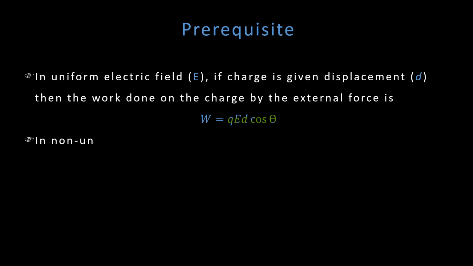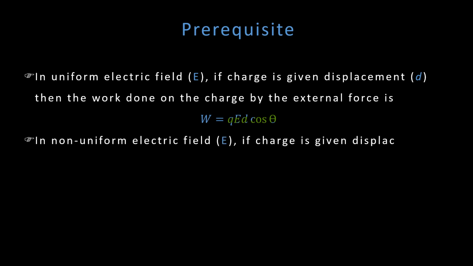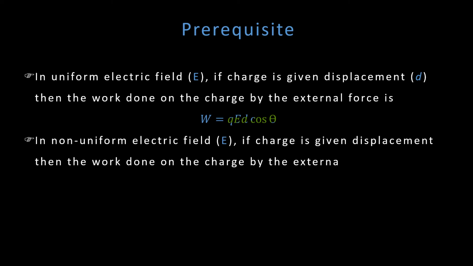Then if we have a non-uniform electric field and we are moving any charge, then work done can be given as the integration of electric field over displacement from infinity to P with q outside, and this is how we can find the work done to bring charge q from infinity to a given point P, which is in the electric field of a source charge.